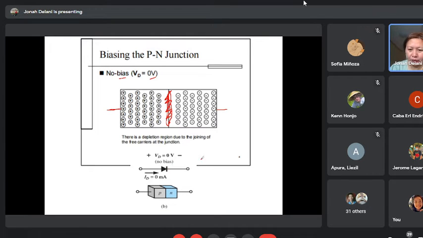So if we draw a diode, this part here is called the P-type material. The end where the P-type material is connected, we call it the anode.